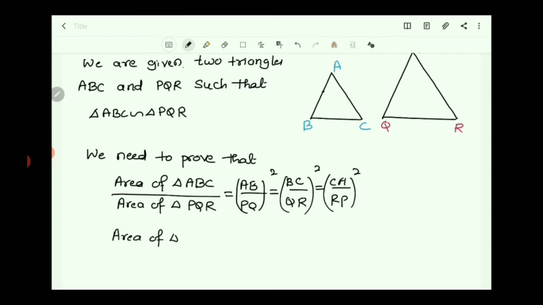Here let us have the base BC, and height is required, which means we have to draw the altitude.